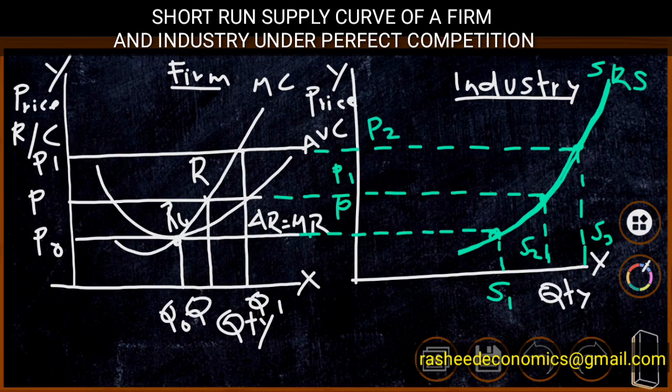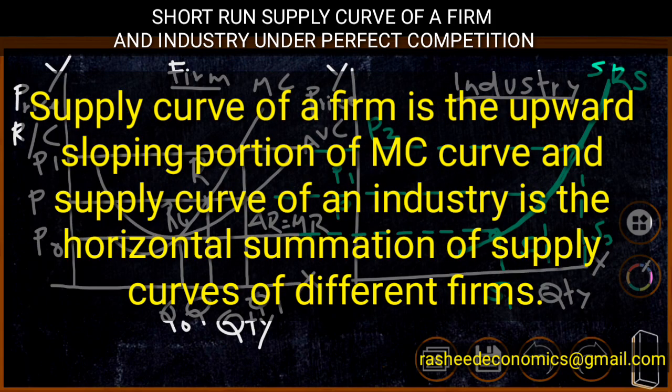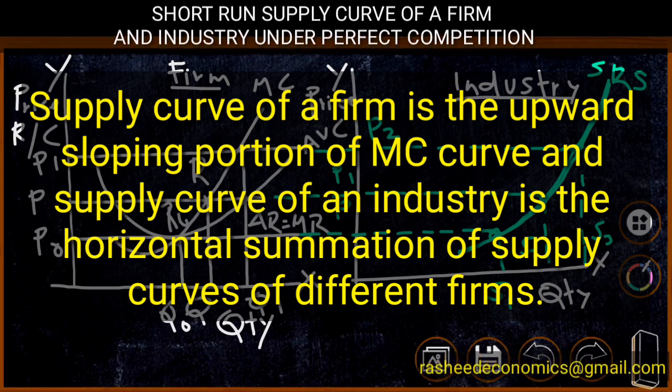The upward sloping supply curve of the industry is more elastic than the supply curve of the firm. Therefore, the supply curve of the firm is the upward sloping portion of the MC curve, and the supply curve of the industry is the horizontal summation of the supply curves of various firms.